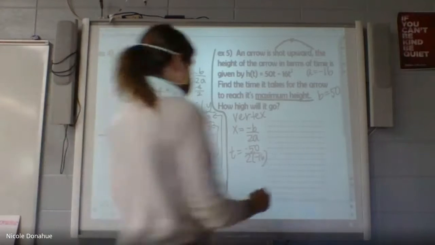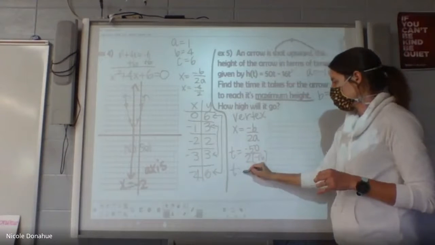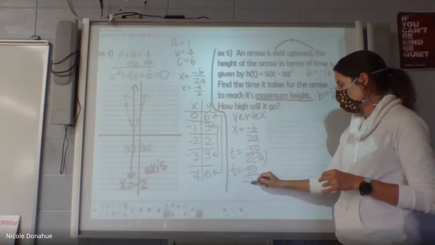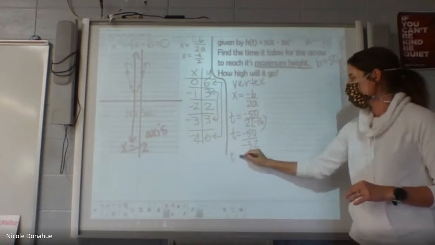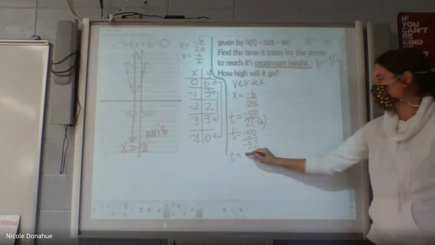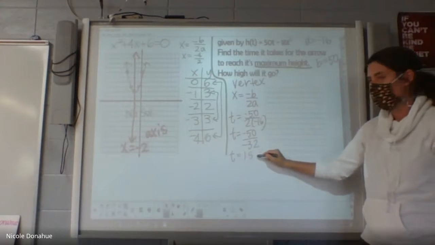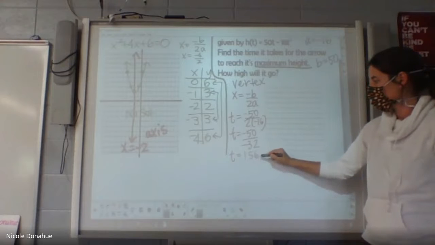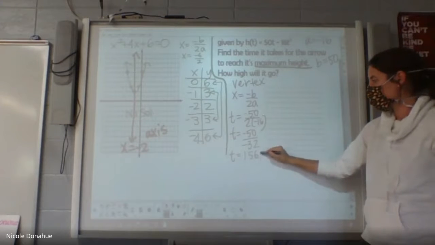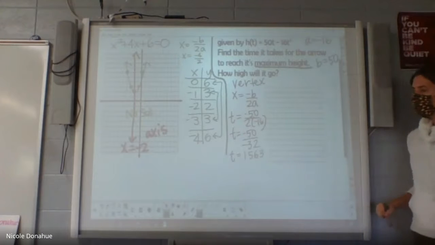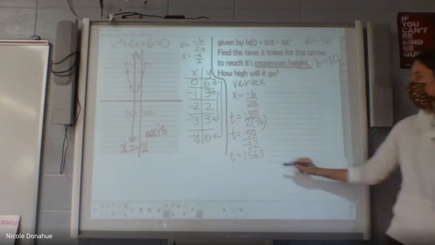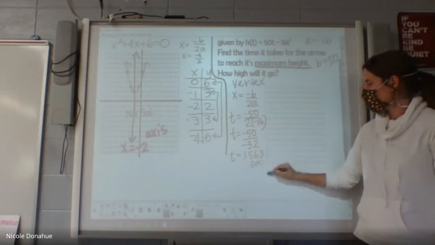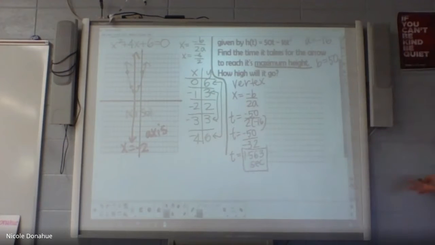That's negative 32, so negative 50 over negative 32. So here's where our decimal comes in. What's t going to be? 1.562? Yes, 1.562, okay, so 1.563, let's call it. And what is that? Time, so that's seconds. So it takes 1.56 seconds to get to the top of our parabola.